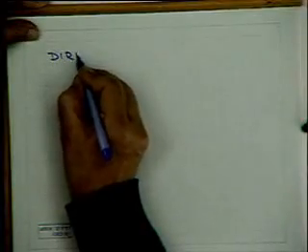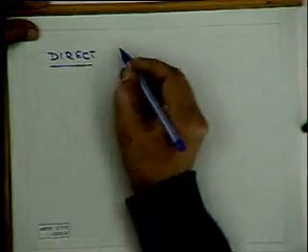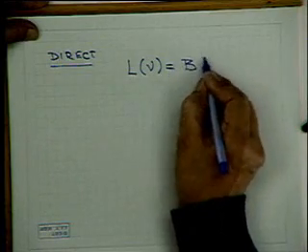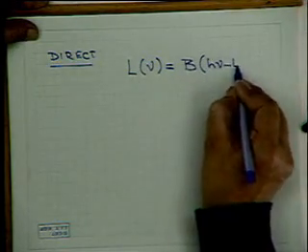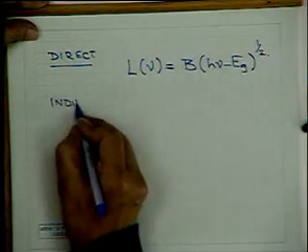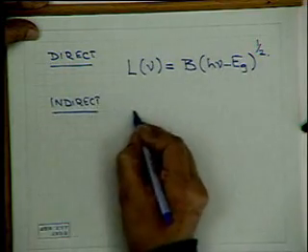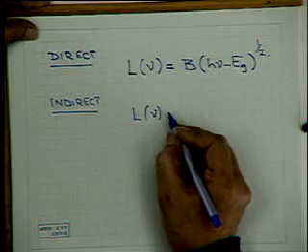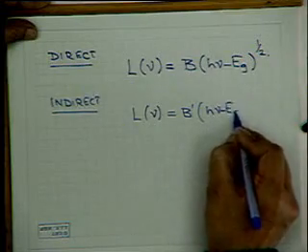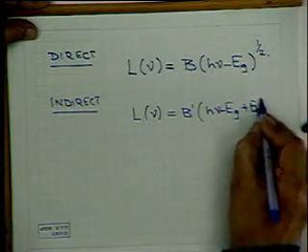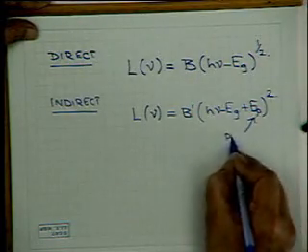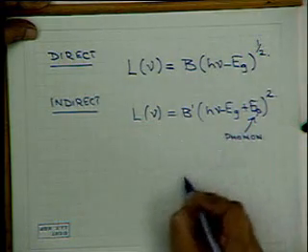Again, just as in the case of absorption, for direct gap semiconductors we have an expression that the light intensity as a function of frequency is given by (h nu minus Eg) to the power half, whereas for indirect, the light intensity is equal to B dashed (h nu minus Eg plus EP) squared, where EP is the phonon emission energy.